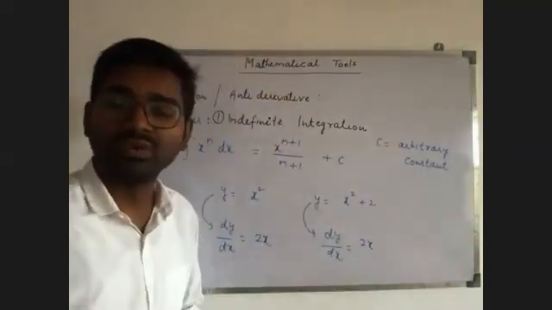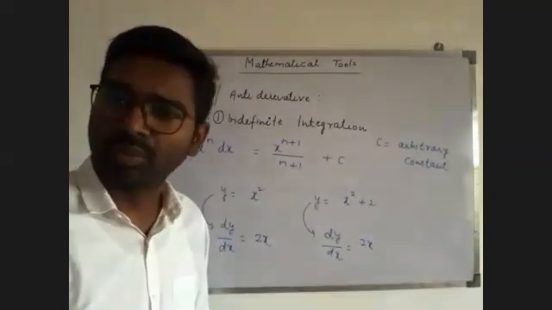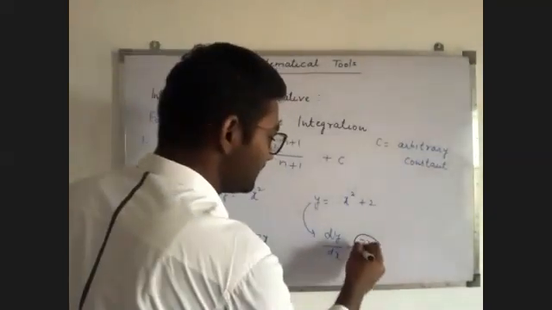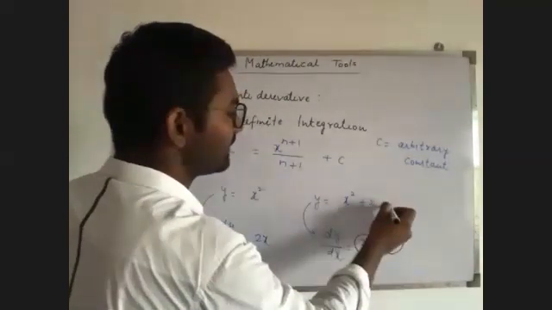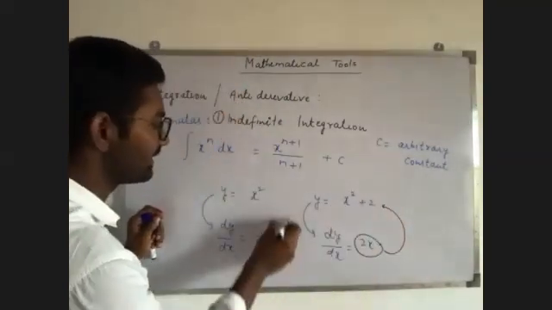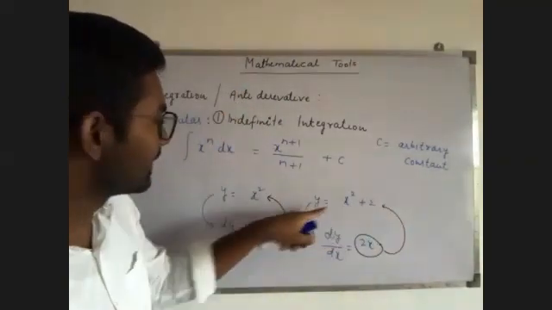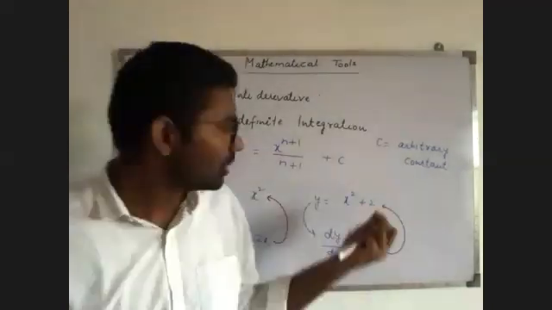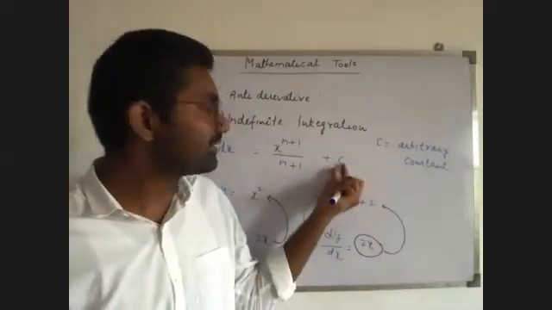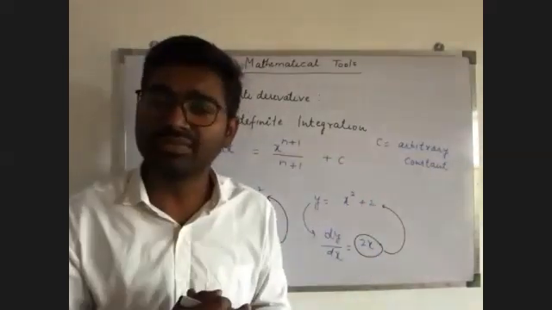Now look here, I told you that integration is the opposite. Means if I integrate this 2x, then I can get this function or I can get this function. Means can I say that I have to keep one arbitrary constant, because when we differentiate a constant, we know that the constant becomes 0.